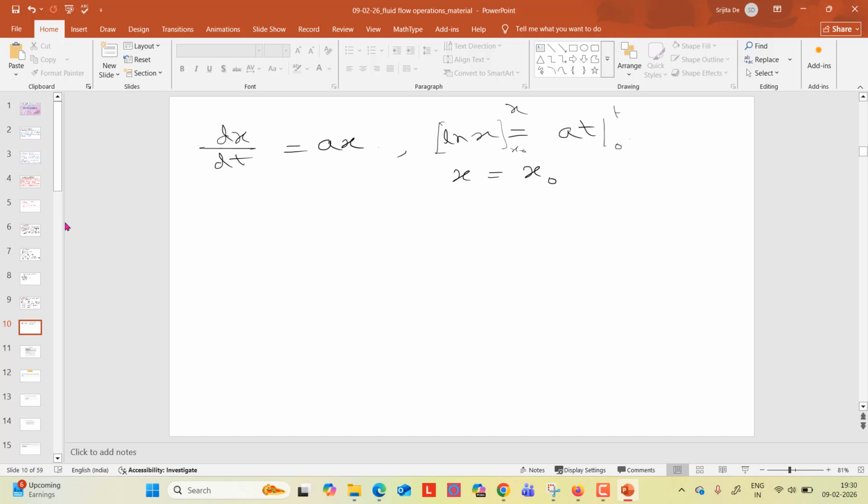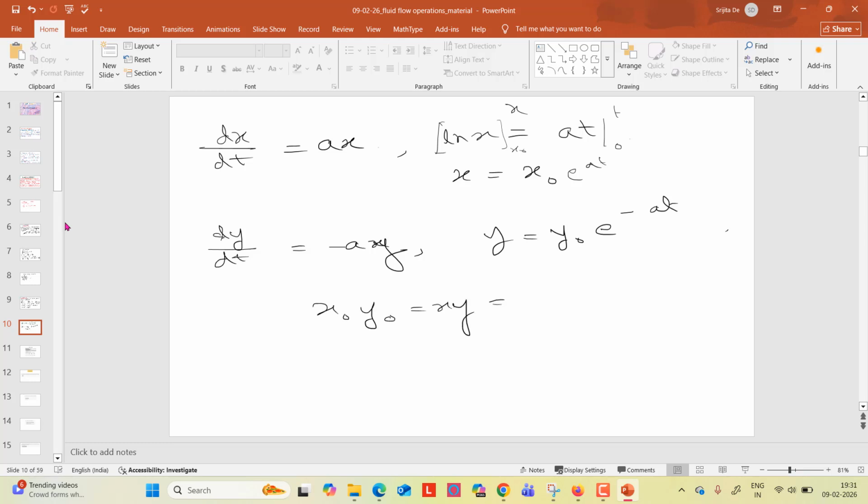So it will be x equals to x0 e to the power at. Similarly dy by dt will be minus ay, and it will be y equals to y0 e to the power minus at. Now from these two we can get that x0 y0 equals to xy equals to constant.